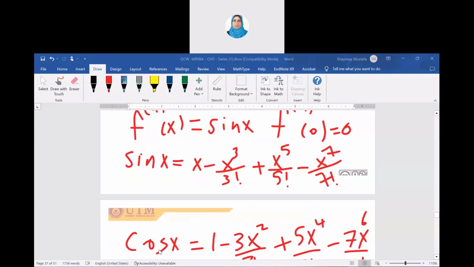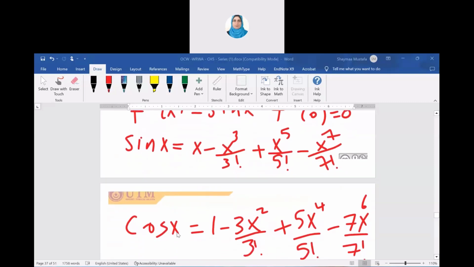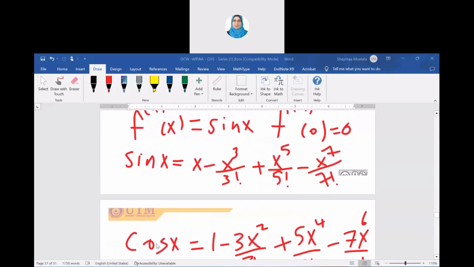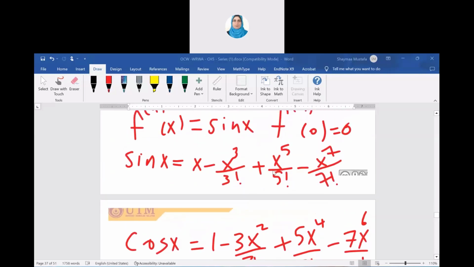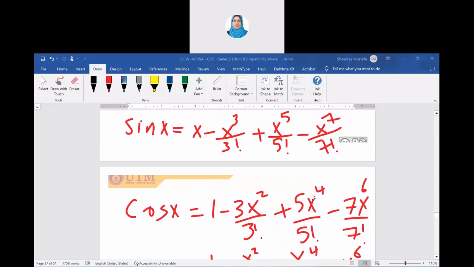In the same way, you can find the Maclaurin series of cos x, or you can find it by taking the derivative of the series for sine. The derivative for x is 1. The derivative for x cubed over 3 factorial is 3x squared over 3 factorial. The derivative for x to the power 5 over 5 factorial is 5x to the power 4 over 5 factorial.